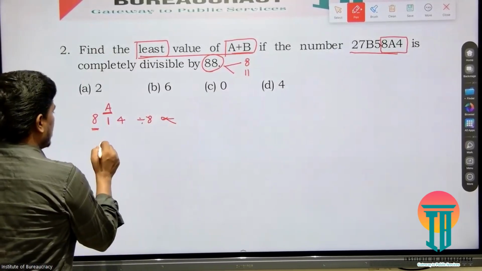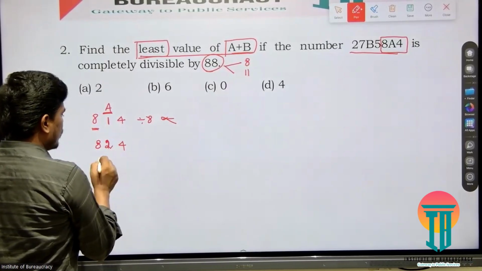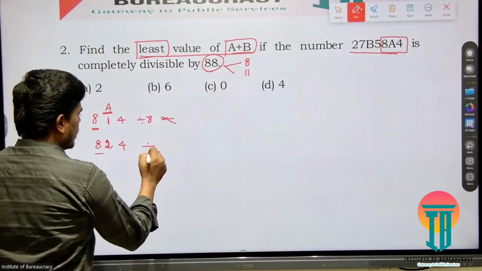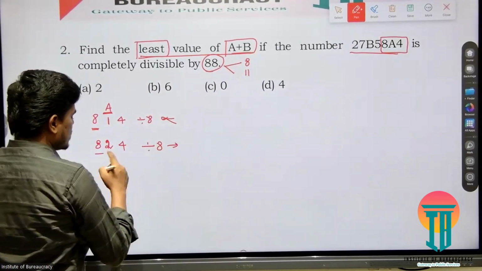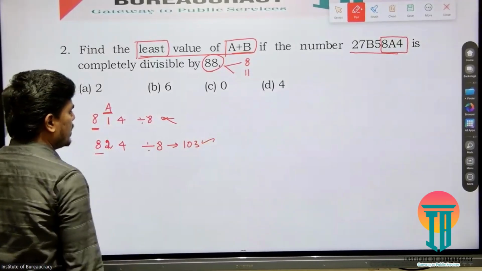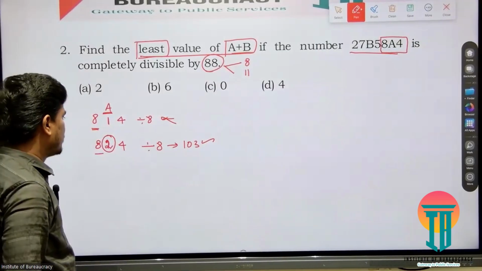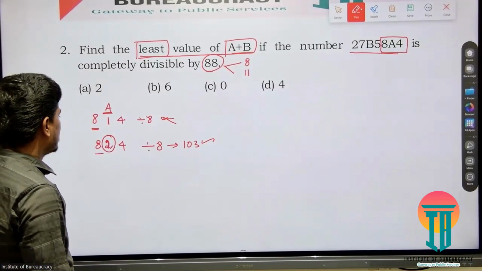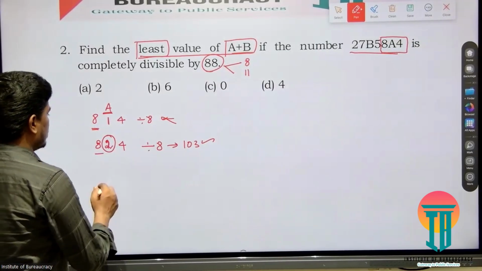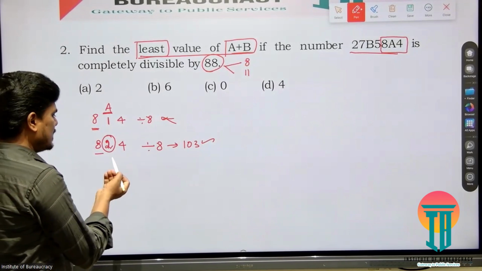Now we will take the next, 8, 1, 2, 4. If I take 824 and divide by 8, it is divisible by 8. Yes, it's going to be 103. It's divisible by 8. So 2 is one possibility. Is there any other value? You can substitute 3, 4, 5, 6.